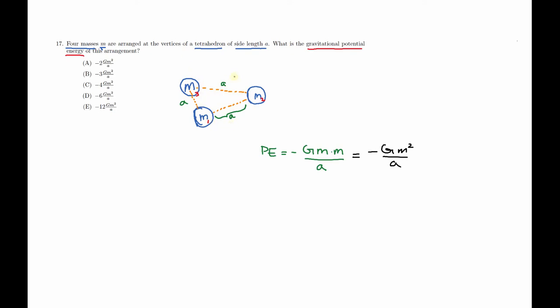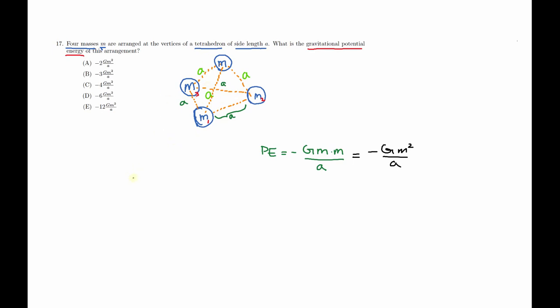However, I have the fourth mass that forms the full trigonal, tetrahedral shape on the top. This time I'm introducing three more distances A. So I have A, A, A. So I have a total of 6 gravitational potential energies that attract one another in this system.